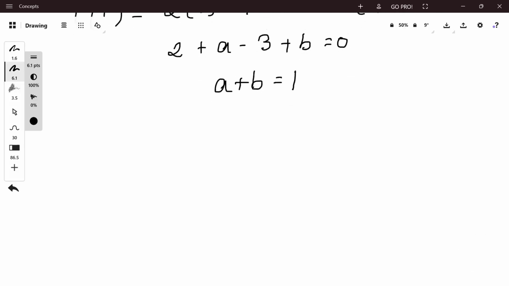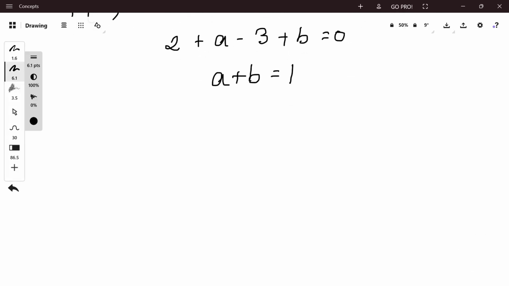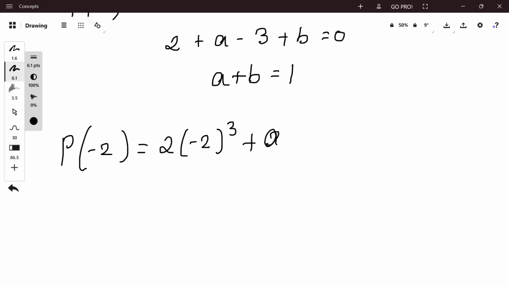For factor x plus 2, p(minus 2) is equal to 0. That is p(minus 2) is equal to 2(minus 2) cube plus a(minus 2) square minus 3(minus 2) plus b is equal to 0.